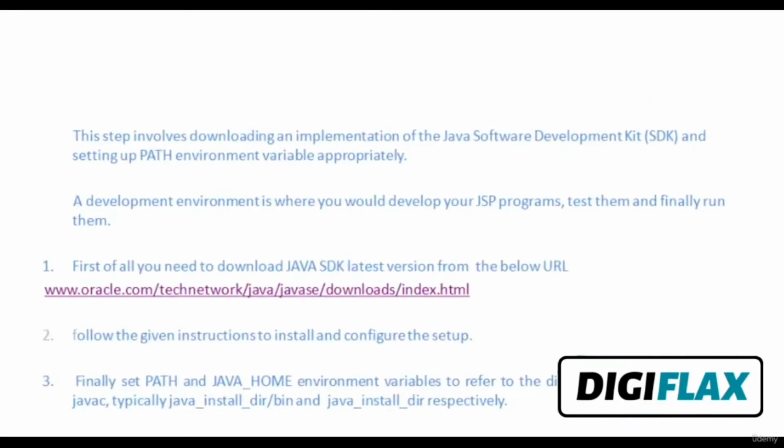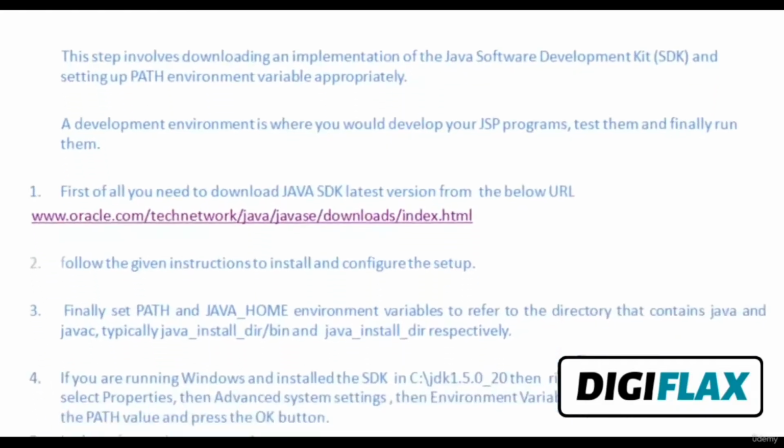This step involves downloading and installing the Java Software Development Kit (SDK) and setting up the path environment variable appropriately. A development environment is where you would develop your JSP programs, test them, and finally run them.